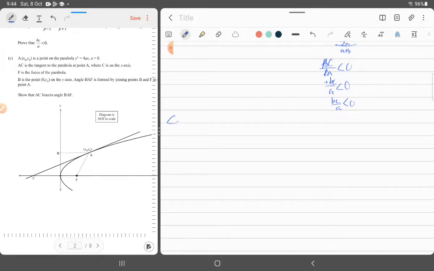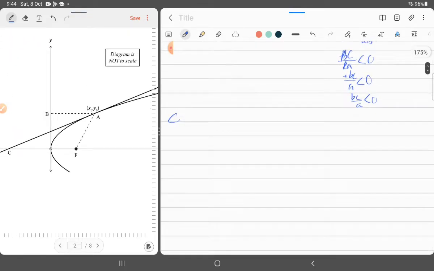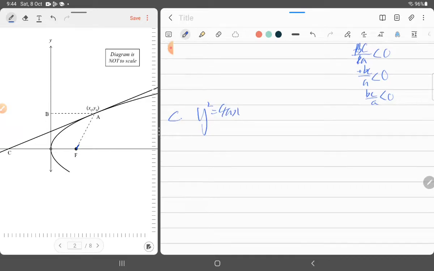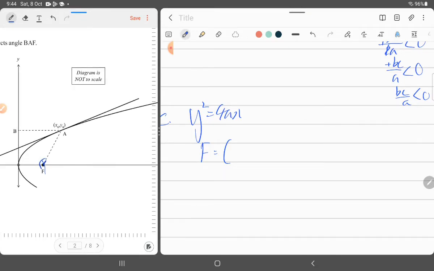Angle BAF is... y squared is equal to 4ax. This is the focus, so point F is at A0. Yeah, that is at A0.